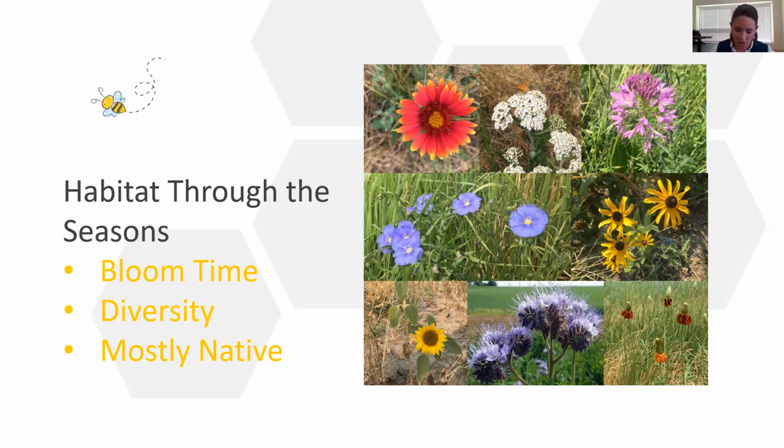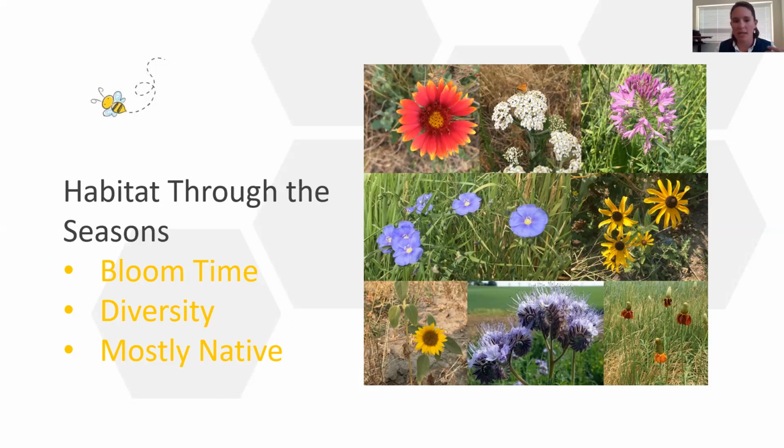There are some really great studies out there, and you can find more information on the website from the Xerces Society. But there are studies out there that show if you have a pollinator garden that contains 8 or more species, you're significantly likelier to attract an abundance and a higher diversity of pollinators.